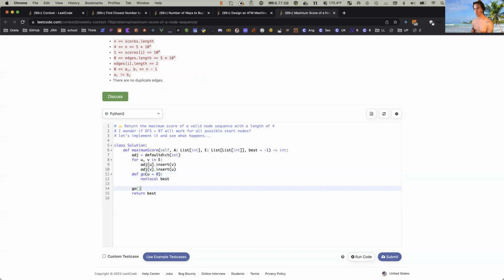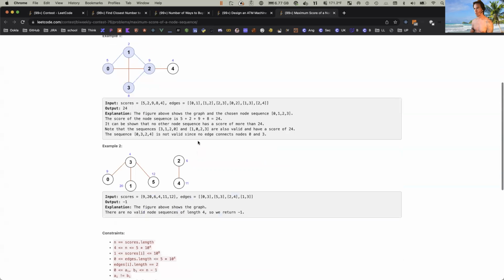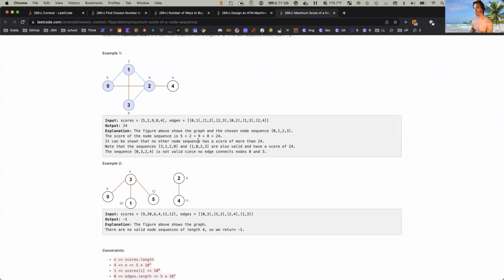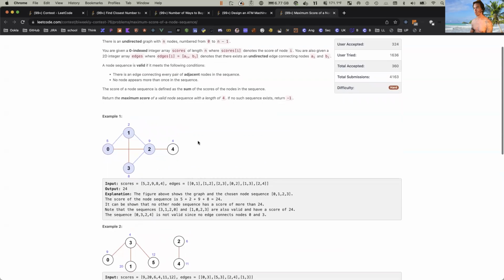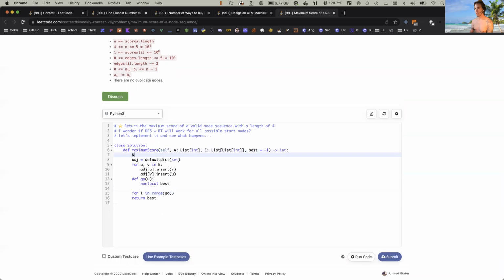No. We have to go for each of those. For i in range, n equals length of A. Max of best and candidate.